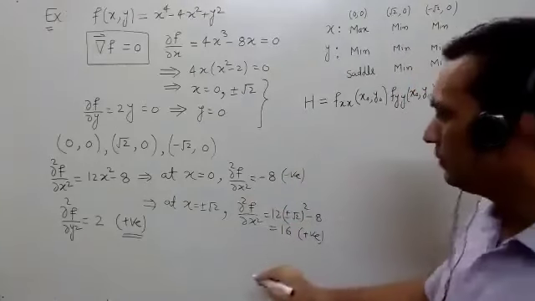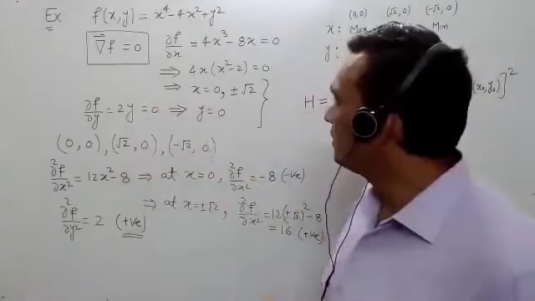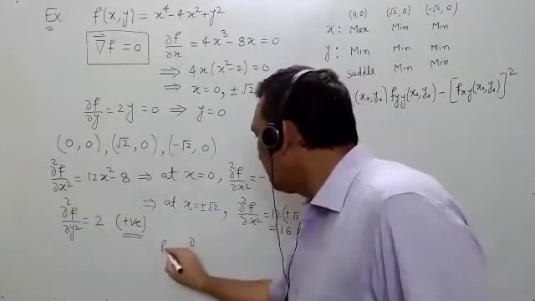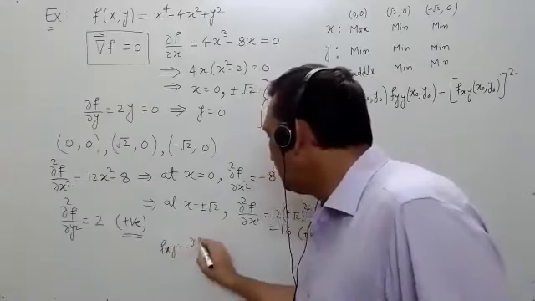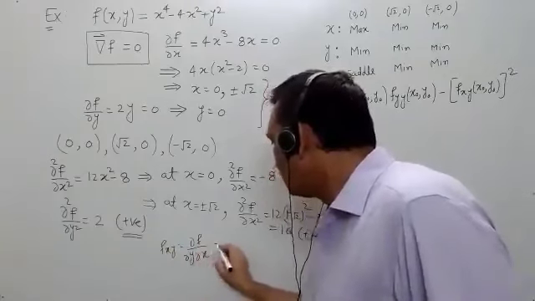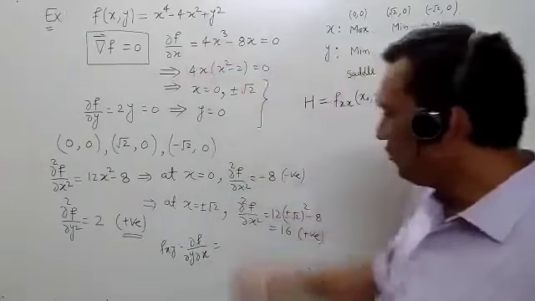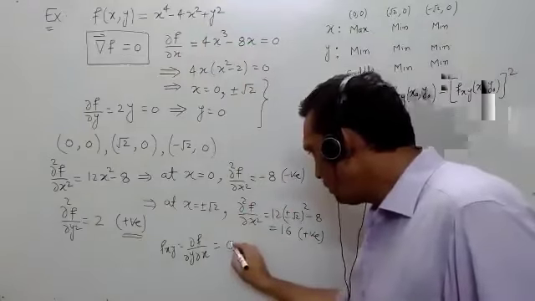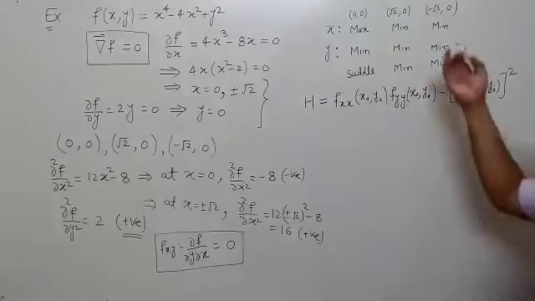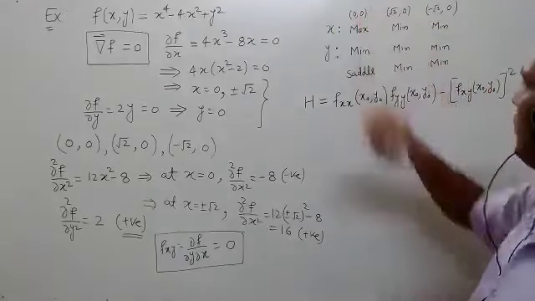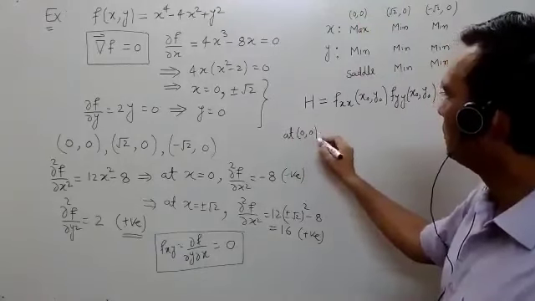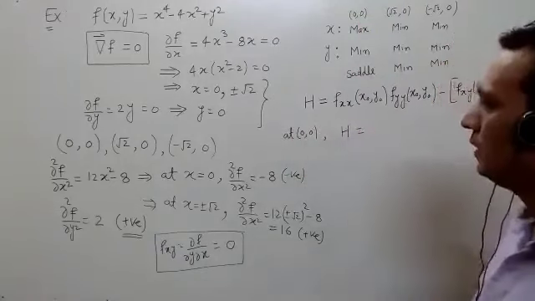What will be f(xy)? You can calculate, because del f by del x is this value. So f(xy) will be del 2 f del y del x. Further differentiate this with respect to y. So this will be 0. This is 0. Now calculate at different points. First calculate at 0, 0. So what will be h?